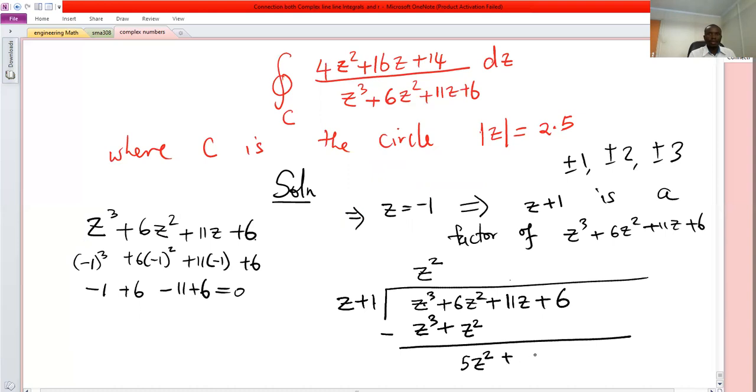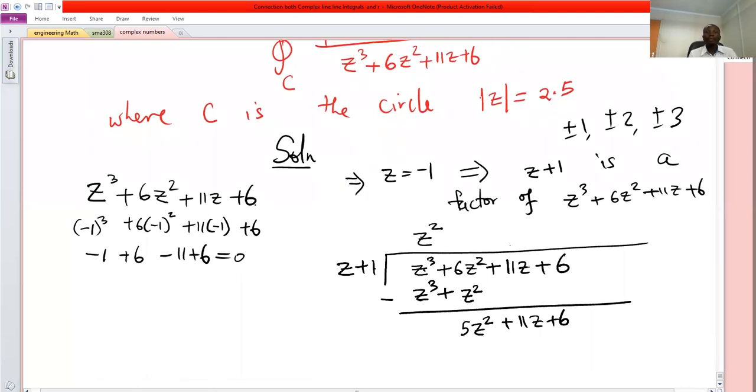Then I bring down 11z, I bring down 6. Now, what I need to multiply by z to get 5z² is +5z. So 5z times this will give me 5z². 5z times 1 is 5z. Then I still subtract.